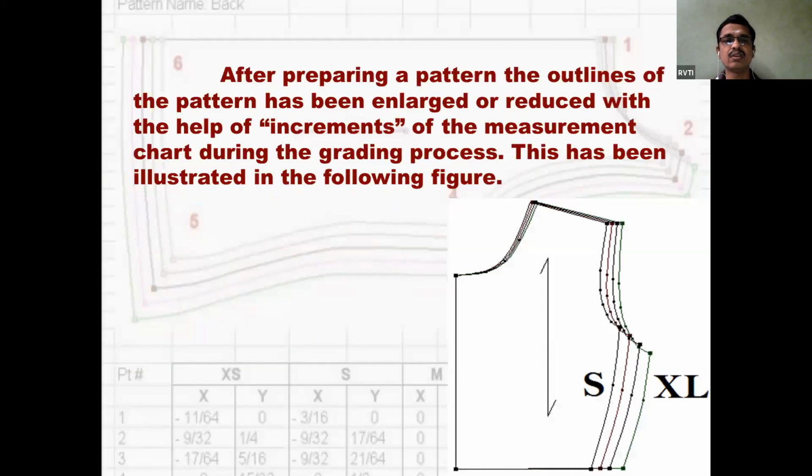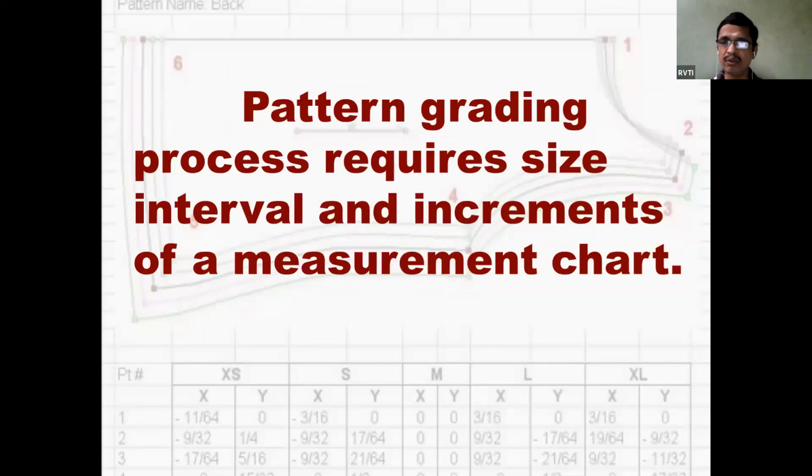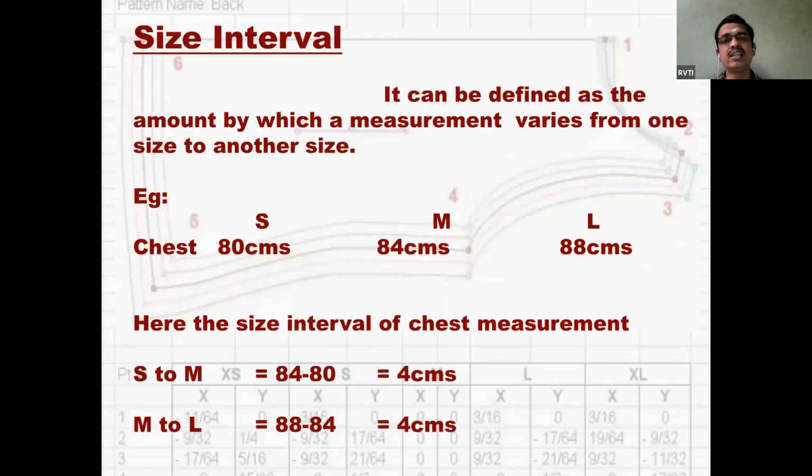Okay. Before going to pattern grading, we have to understand two important terms. Number one is size interval. Another one is increment. What do you mean by size interval? Size interval can be defined as an amount by which a measurement varies from one size to another size.